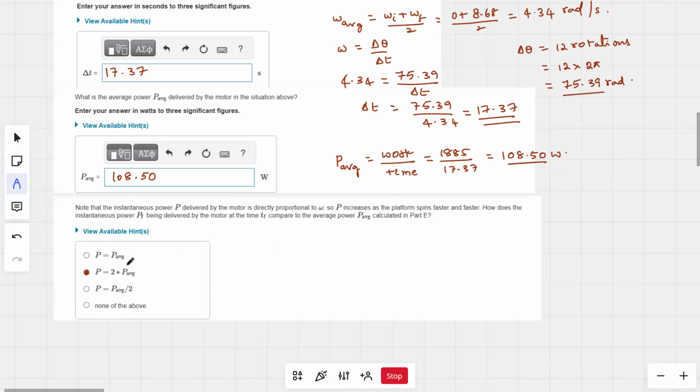Of the given choices, only one says it is more. P equal to P average is wrong, and P equal to P average by 2 is also wrong. None of the above is also wrong. And this choice is the correct answer. Hope this helps. Thank you. Bye bye.